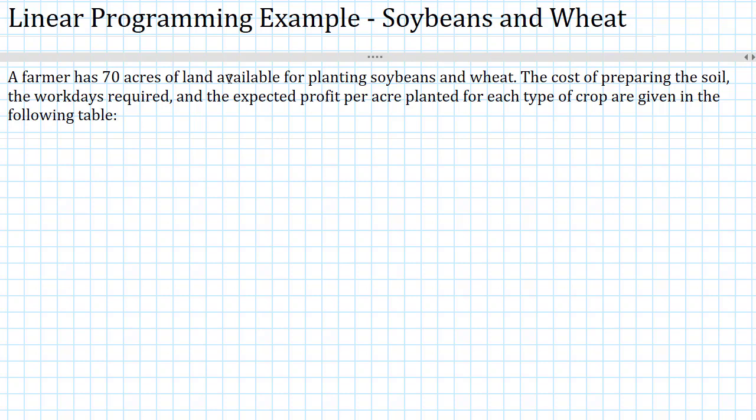So this problem is very nice because we're going to have a table to describe certain aspects of the problem. Oftentimes that won't be the case. So this is kind of an introductory example.